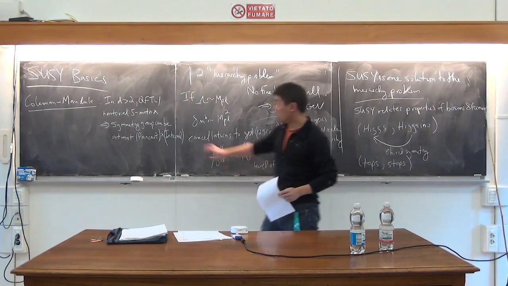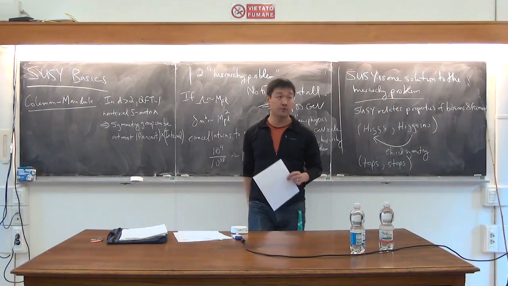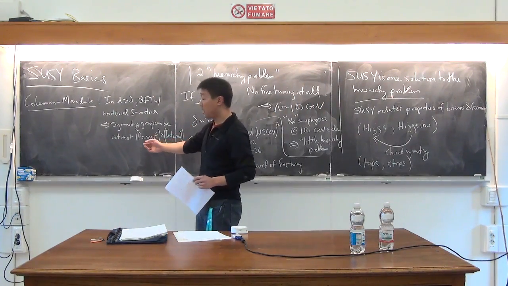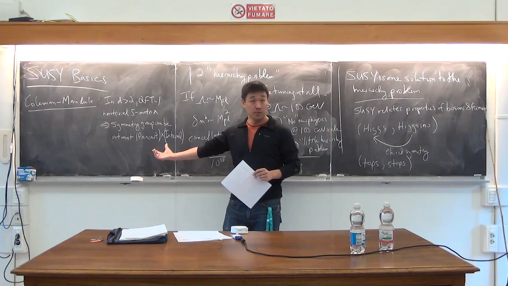So the symmetries of any interacting QFT in greater than 2 dimensions, according to the theorem, can be at most the Poincare group.